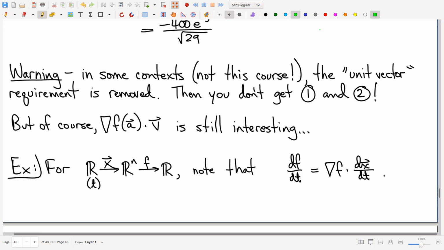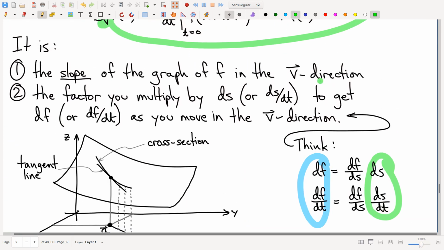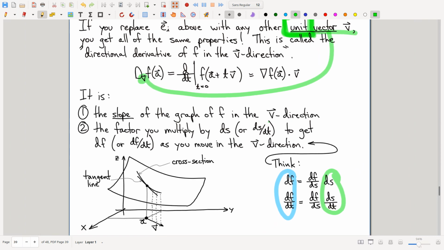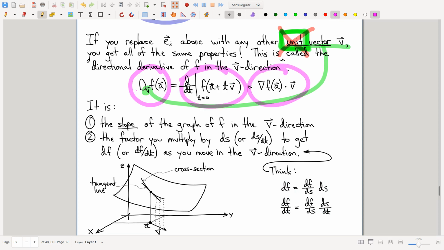Now, in particular, I want to point out exactly what works and exactly what doesn't. If you remove this condition, if you no longer require that the vector be a unit vector, it remains that this thing is still computed by that formula, so all of this is still good.